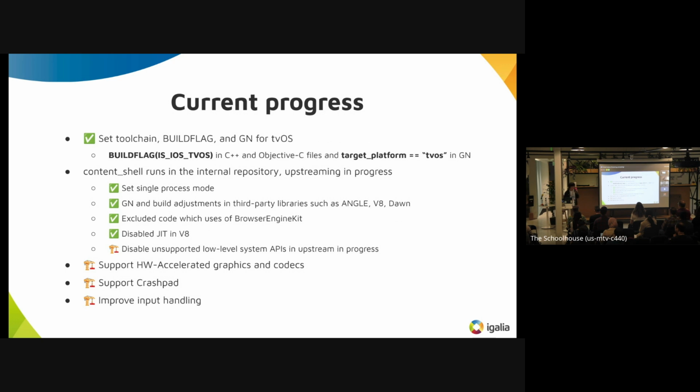We applied the GN and build flags to third-party libraries such as ANGLE, V8, and Dawn. We have also excluded all code which depends on BrowserEngineKit. Also, we disabled the JIT in V8. And we have been disabling unsupported low-level system APIs in upstream, so we are still in progress. Furthermore, we have been supporting hardware accelerated graphics, codec, and Crashpad, and we're working on improving the handling.